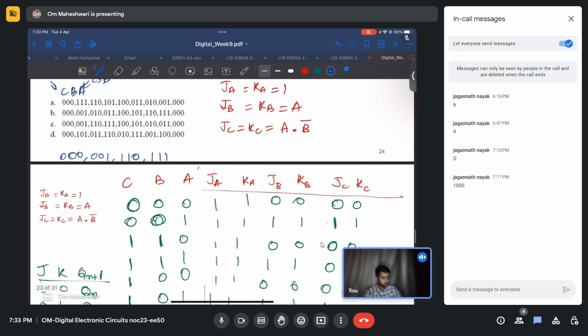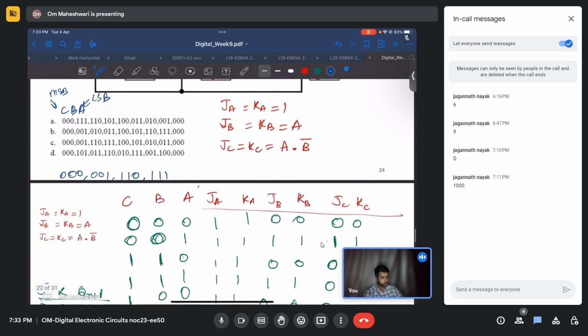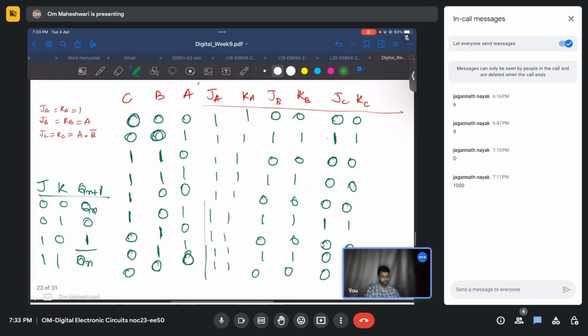So if we see 000, 001, 110, 111, this one matches. This is the answer. Is it clear?